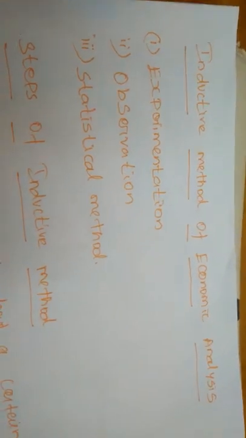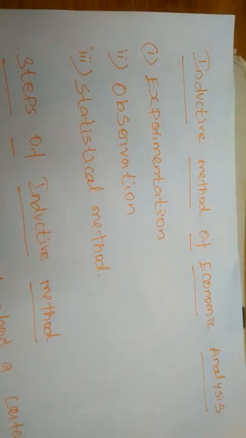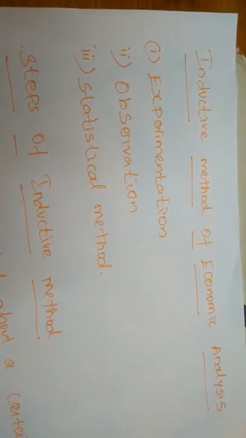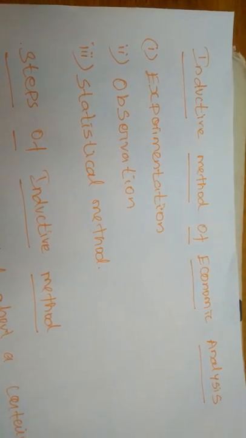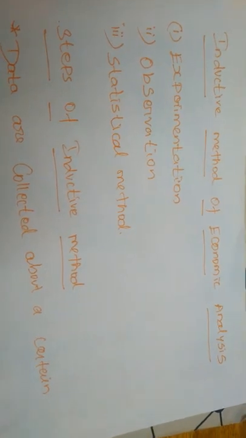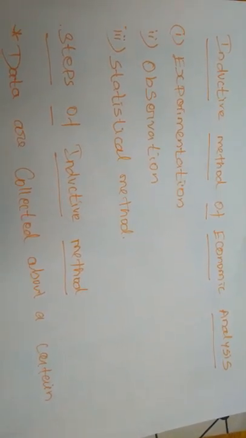The next one is the inductive method. This inductive method is also called the empirical method. Some of the historical school economists adopted this inductive method for analyzing economic problems and economic laws.